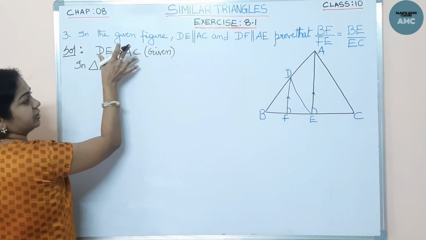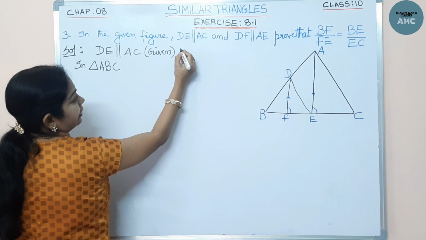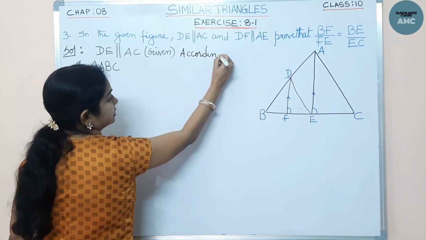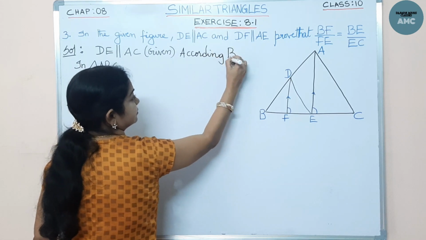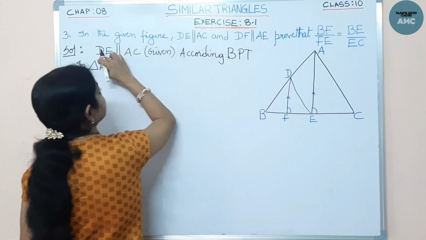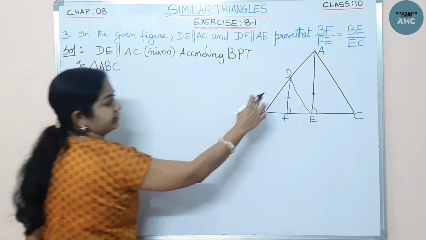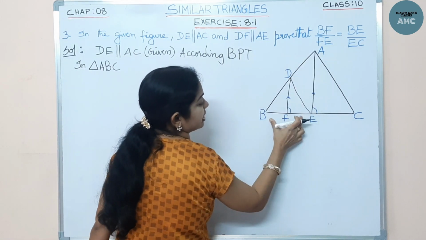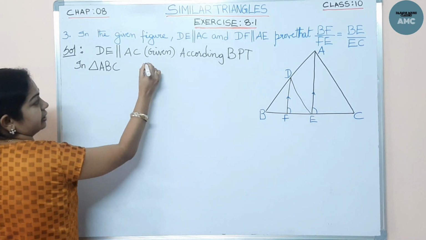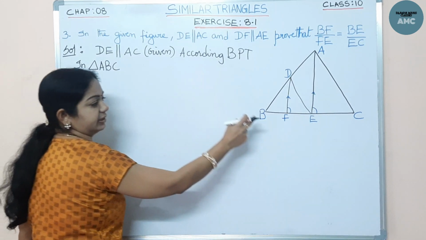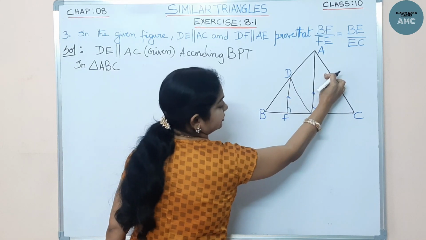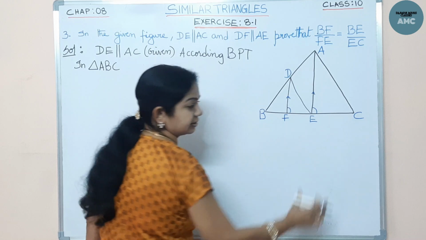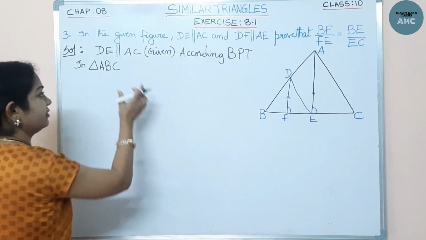So from this we can take, according to the basic proportionality theorem, when DE is parallel to AC, the ratios will be the same.